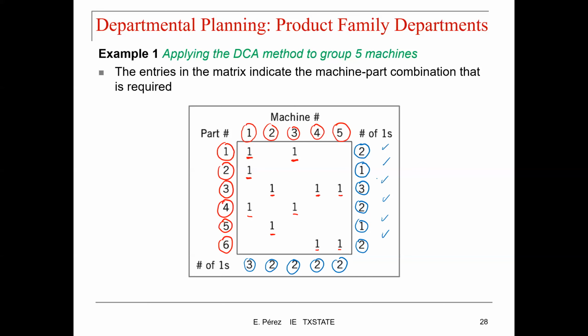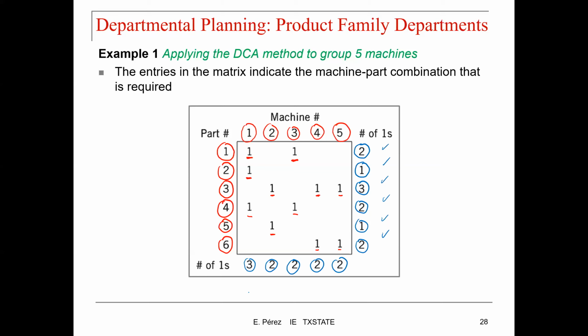What that means is we sort the rows, putting the lowest values at the bottom and the highest values at the top. So order the rows top to bottom in descending order of the number of ones in the rows.